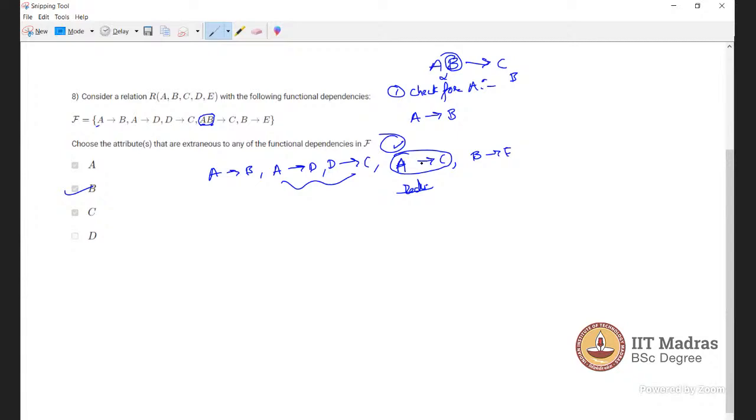In the tutorial, ma'am explained that this is a redundant functional dependency, so we have to remove it from the functional dependency set to get the canonical cover. Ma'am didn't say that it is extraneous, right? Still, I will check that tutorial and get back to you.